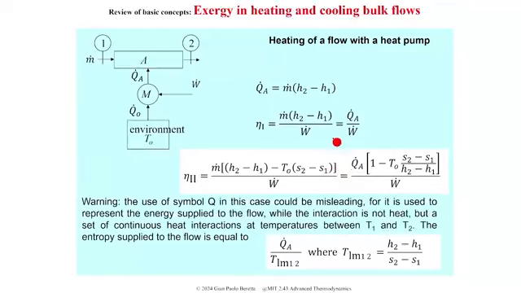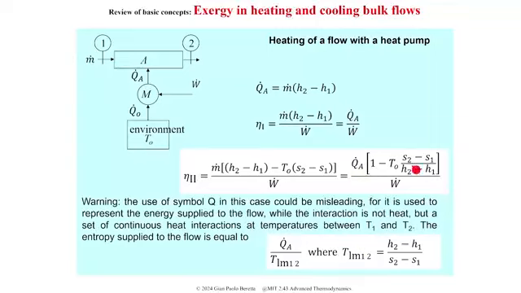And again, you can represent this change in enthalpy as a heat. You can call it heat, and then that heat gets multiplied by a Carnot coefficient that transforms it to the associated exergy, as we have seen.